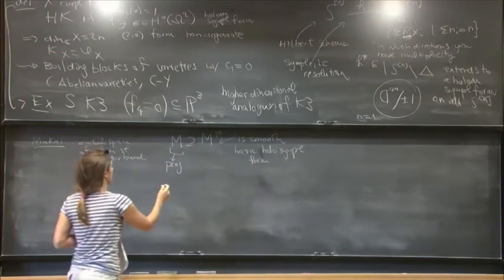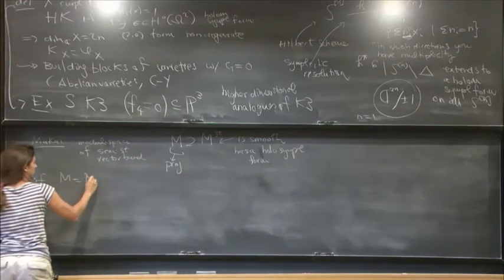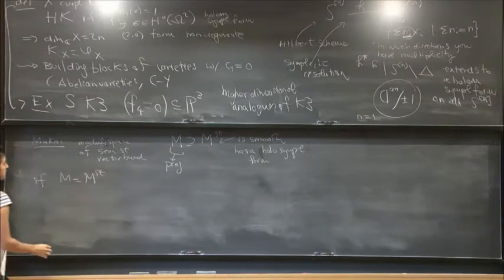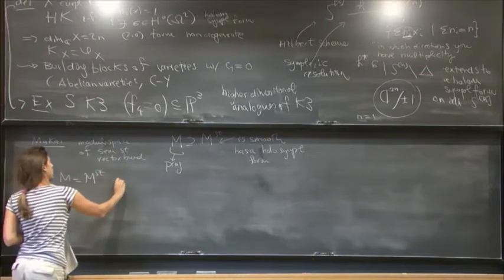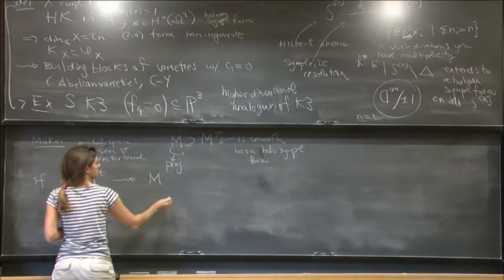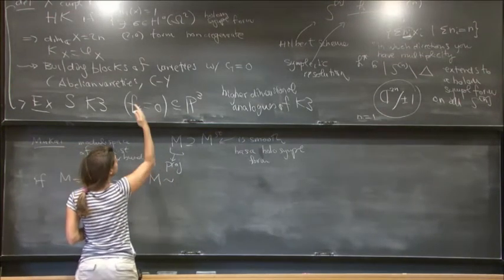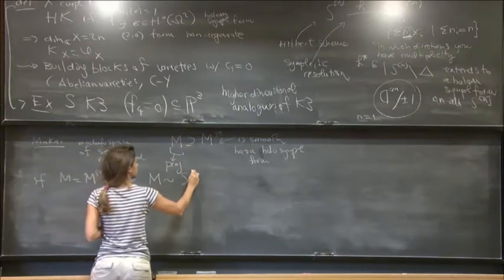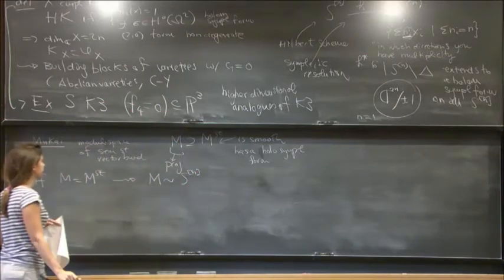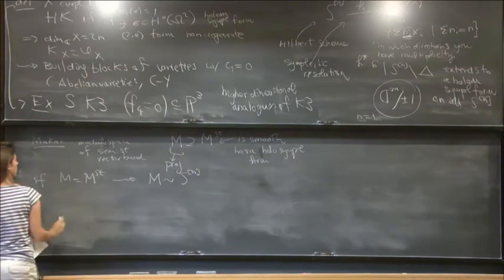So if this nice open subset is the whole thing, then it was shown by many people that this moduli space is a deformation of one of those examples. But in general, this isn't the case.